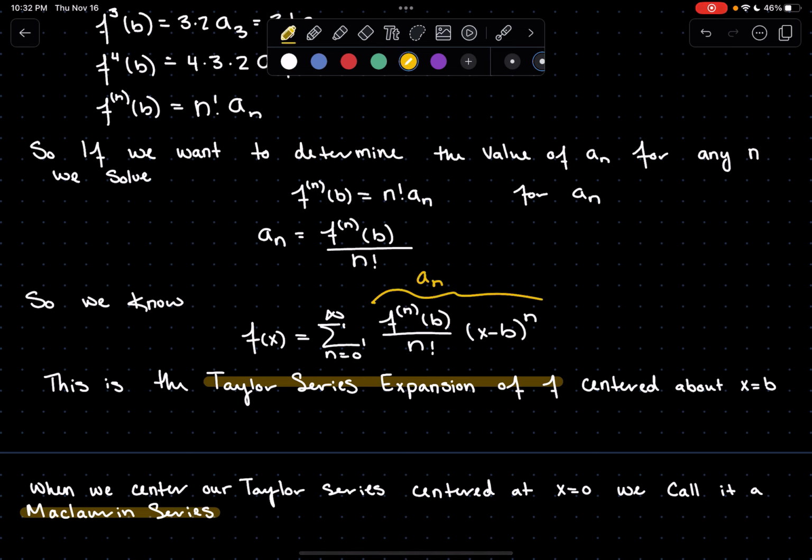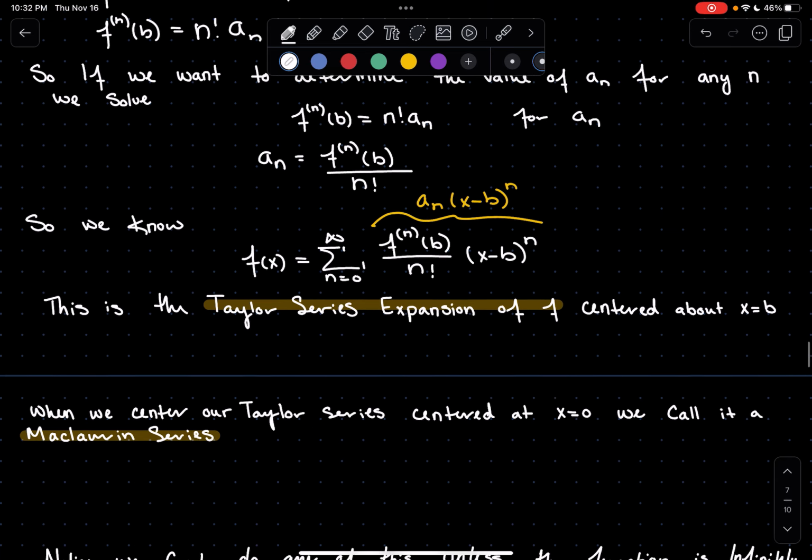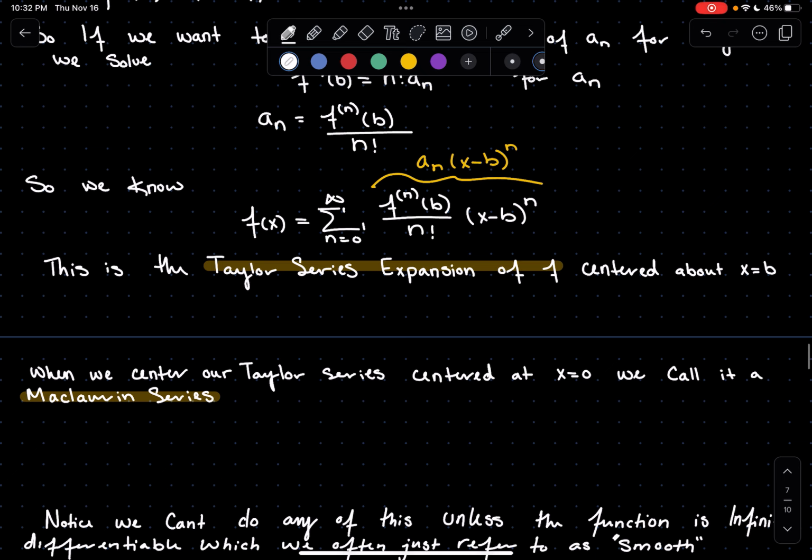That's our formula for our power series. Any power series is written like that. And what we call this specific power series is a Taylor series expansion of f centered at the point x equals b.